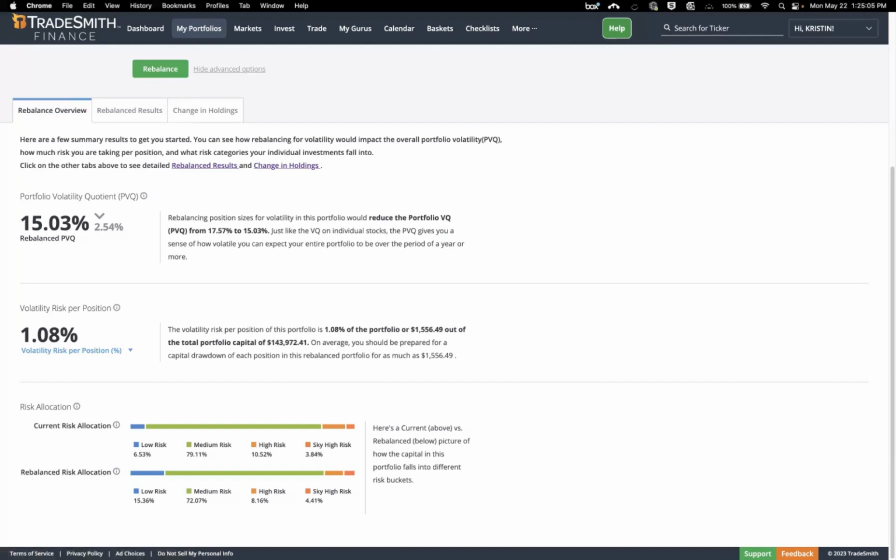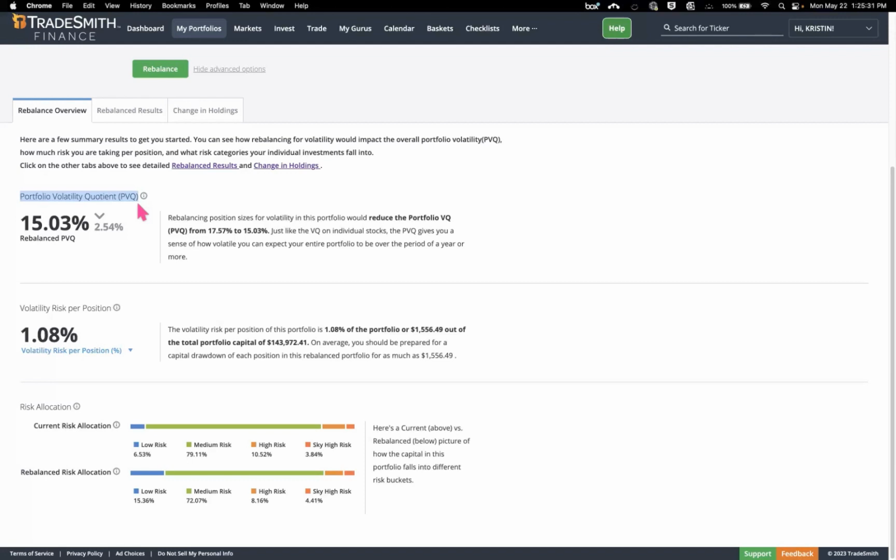So in the rebalance overview, we do the first box here. We do the portfolio volatility quotient, the PVQ, which is the total overall portfolio volatility quotient. So just as we can assess the overall VQ or risk of a security, we can also assess the overall portfolio volatility.